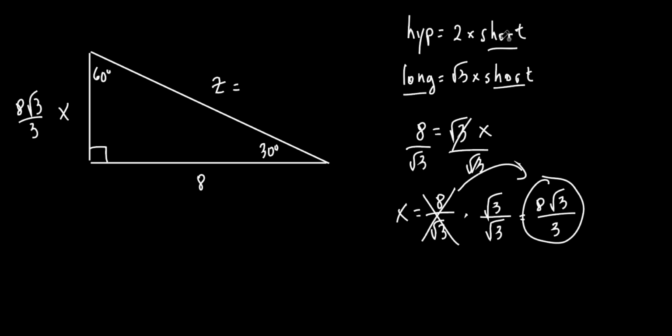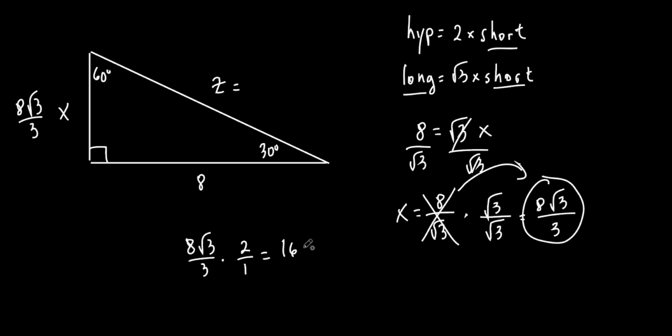We know the short side. How do I find the hypotenuse? Times 2. So can you multiply that by 2 in your head? So I multiply it by 2. 2 over 1. So what is that?